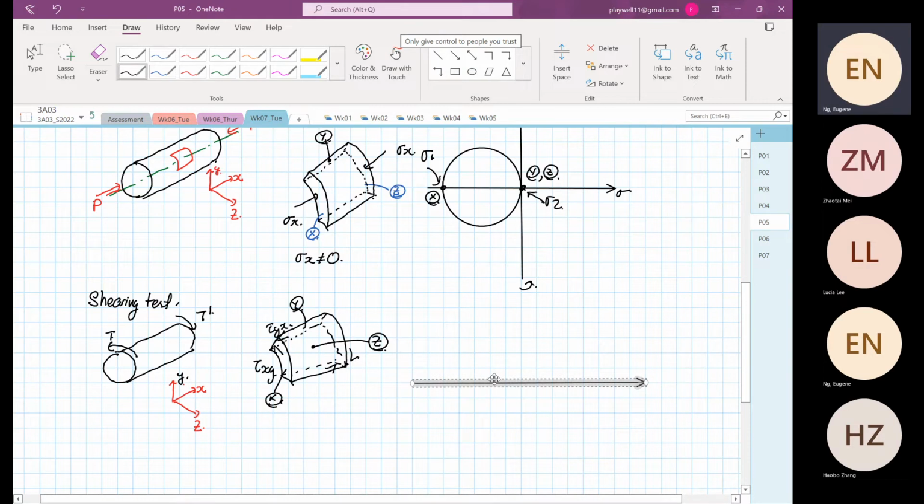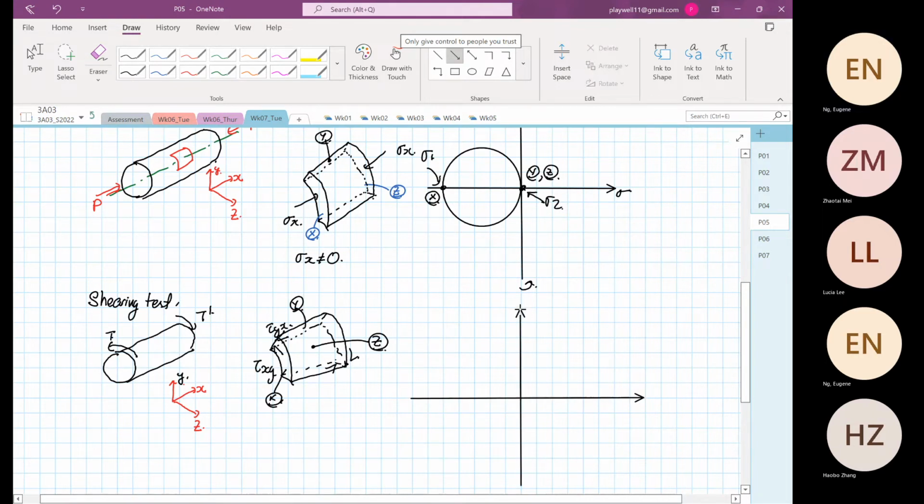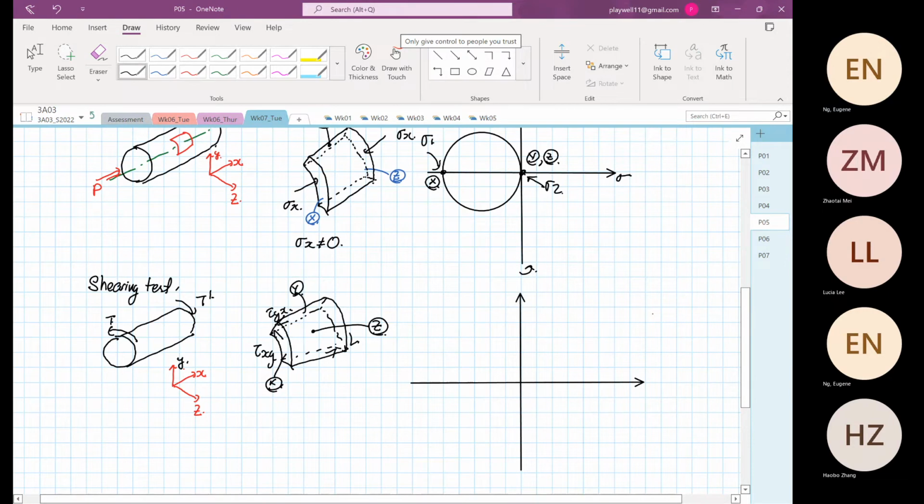Okay, so that is our normal stress, and this is our shearing stress. Okay, so this is our normal stress, shearing stress, element rotate clockwise, rotate anti-clockwise. So we know point x, y, and z, the normal stress are on the center line, stress y and stress z.